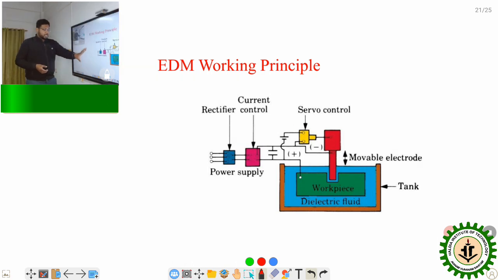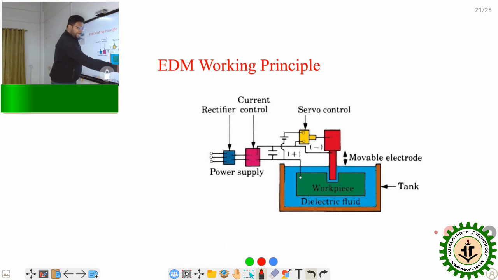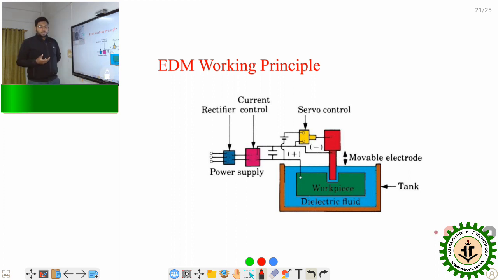We'll see a schematic diagram of the EDM process, where this is a tank. In this tank, the workpiece and the tool are submerged in a dielectric fluid like kerosene, hard water, or EDM oil 30, which is conventionally used in industry. The workpiece is connected to the power supply as the anode, and the tool is the cathode, that is negative.